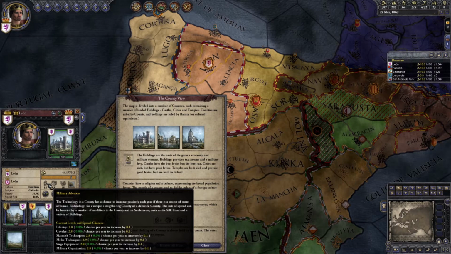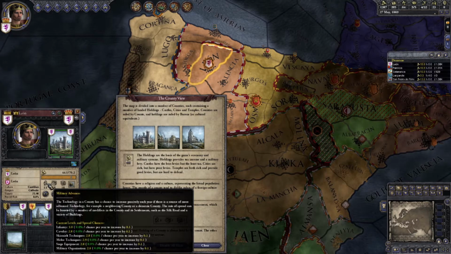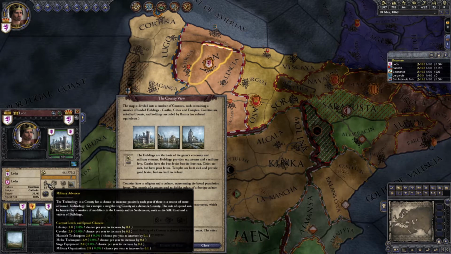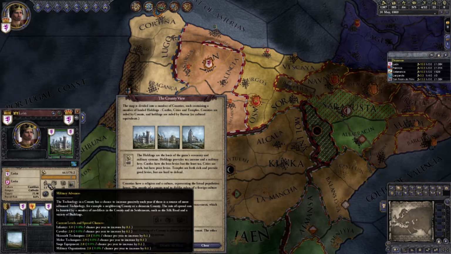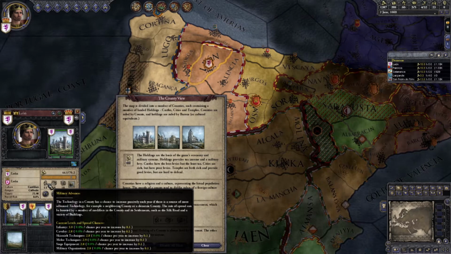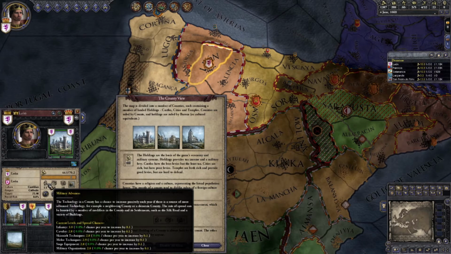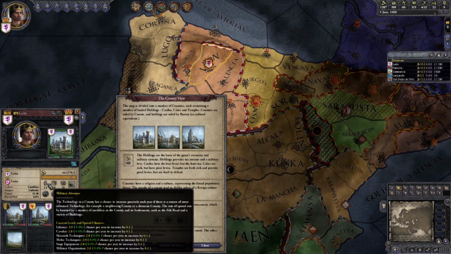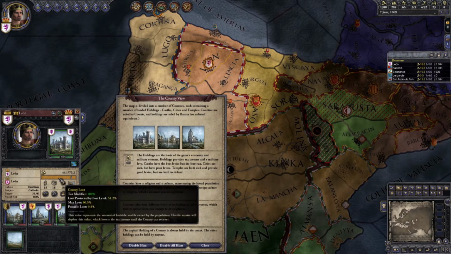The technology in a county has a chance to increase passively each year if there is a source of more advanced technology, for example, a neighboring county or a domain county. The rate of spread can be boosted by a number of modifiers in the county and its settlements, such as the Silk Road and a variety of buildings. No major modifiers affecting this province.